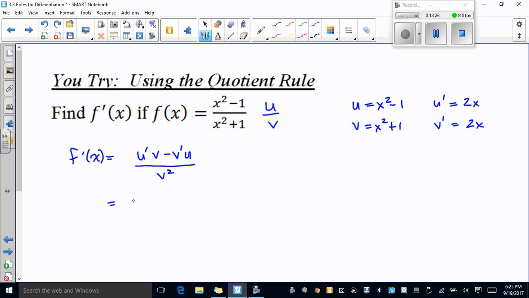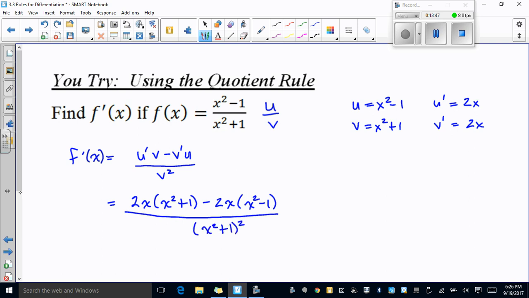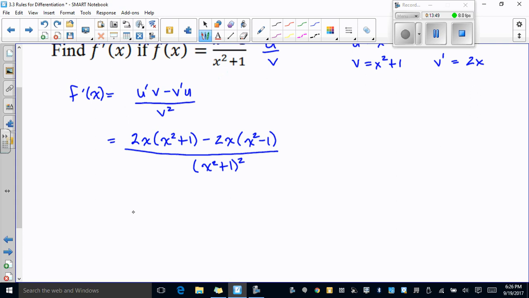So we get 2x times x squared plus 1 minus 2x times x squared minus 1, all over x squared plus 1 squared. Distribute our 2x's. 2x times x squared gives us 2x cubed. 2x times 1 gives us plus 2x.